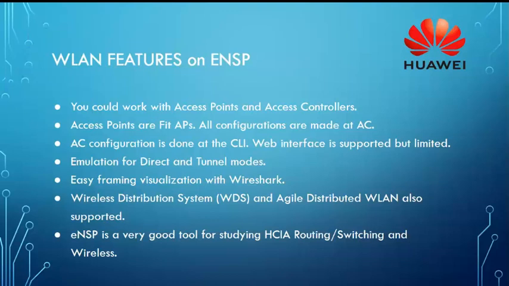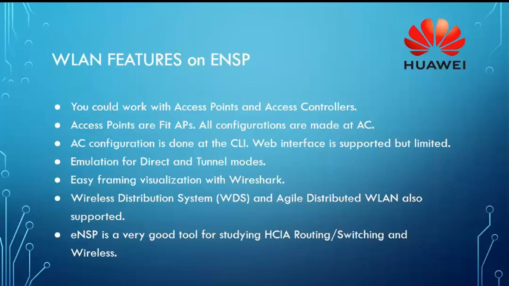So in order to do that, you will need a huge amount of access points, and this will be very expensive. So there are some kinds of access points specially designed for these purposes in Huawei.